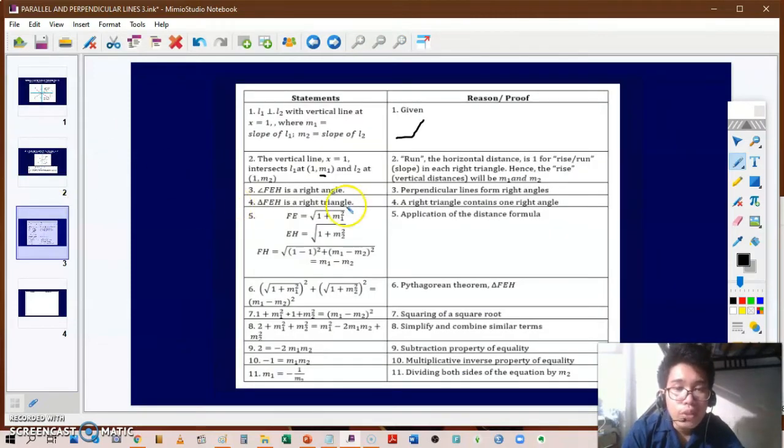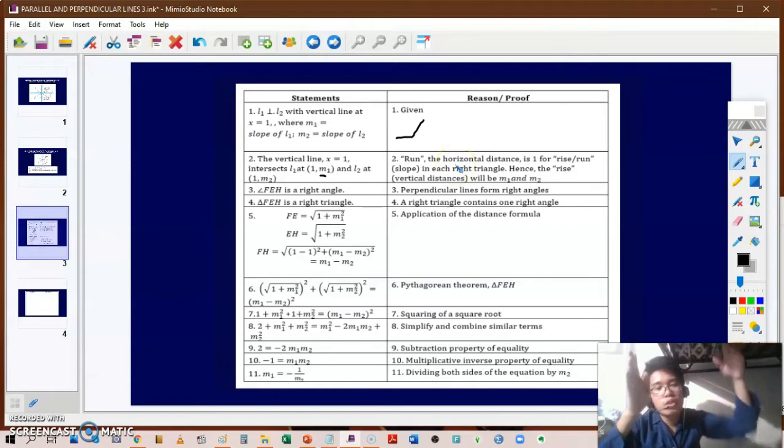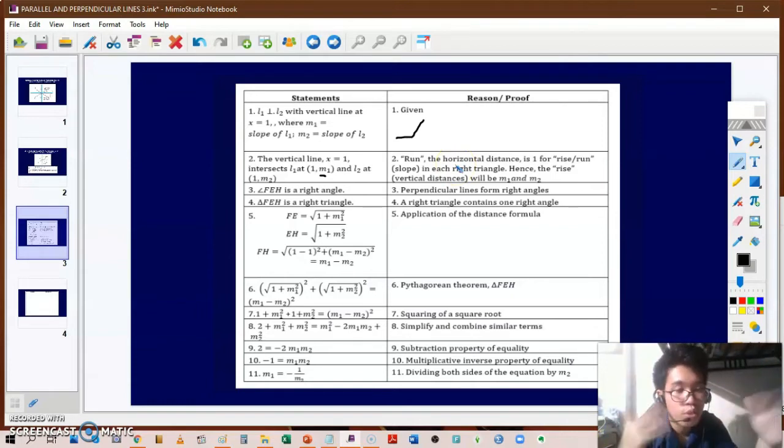The reason for that is that run becomes the horizontal distance. Rise is the vertical and run is the horizontal, so that becomes the rise over run formula that you were introduced to in grade 7 in your linear equations topic. So that's rise over run, the slope of the two lines.